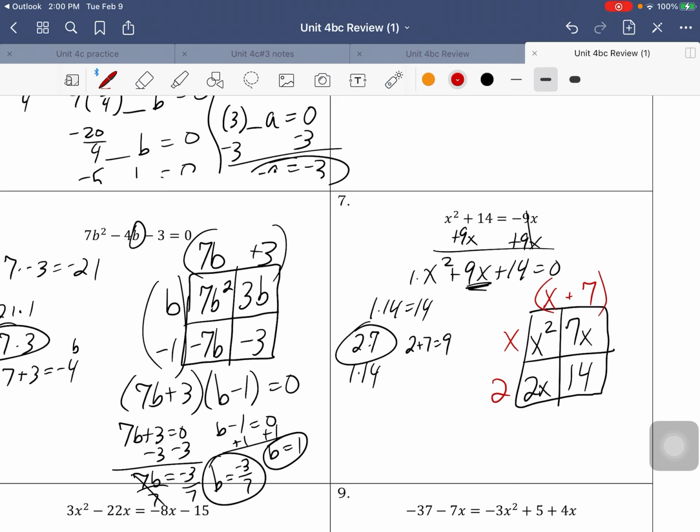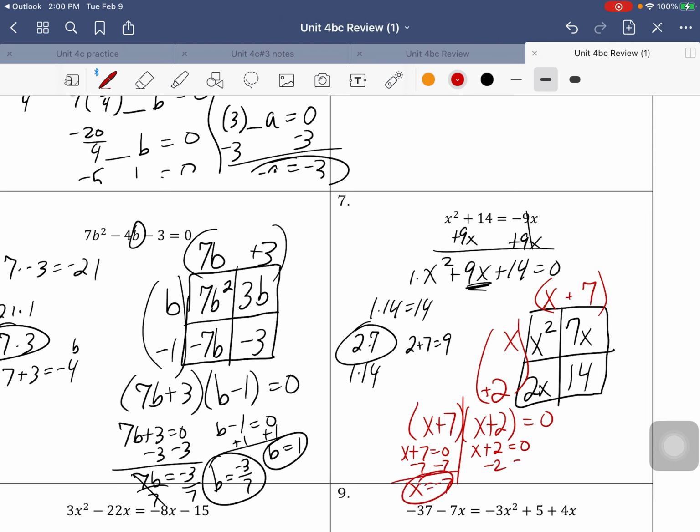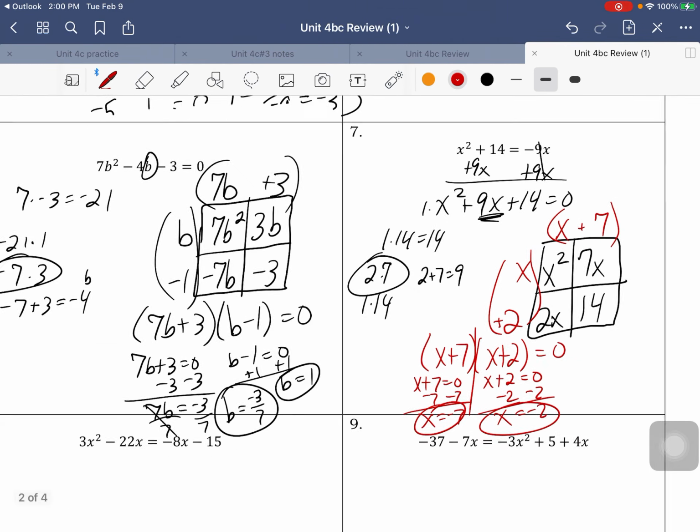So you have the positive 7, positive 2. So they're your factors. X plus 7, x plus 2, and they're going to equal 0. Set each factor equal to 0 and solve. So subtract 7. Negative 7 and negative 2 are your answers.